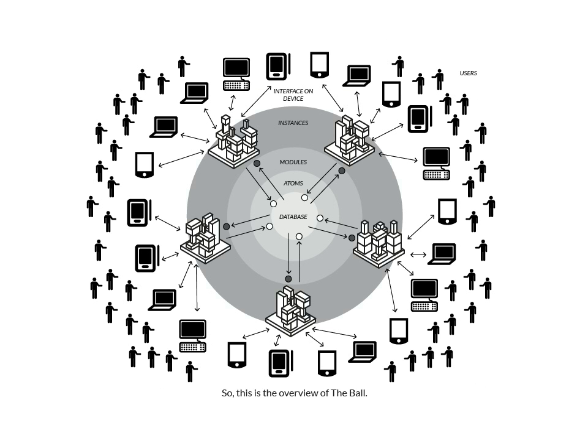So in a wider scope, we see the overview of the ball as something like this. Various users with various devices interact with their own information through multiple instances operating in the same instance of the ball.